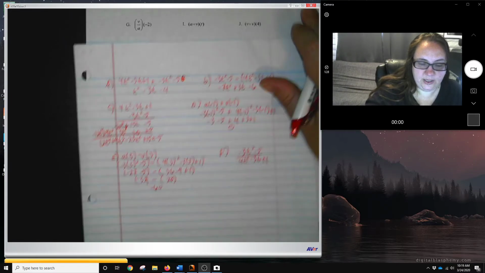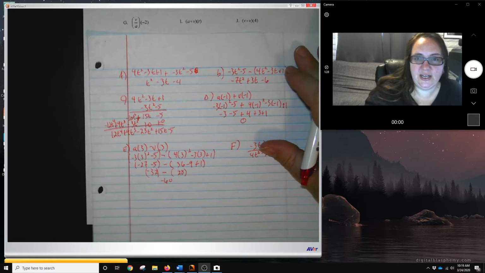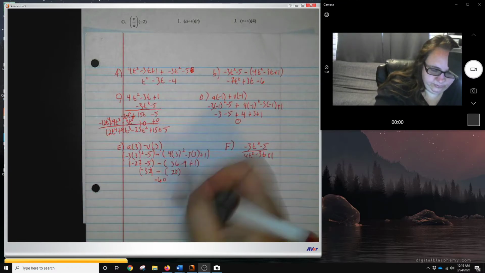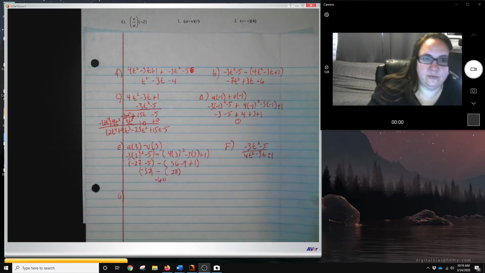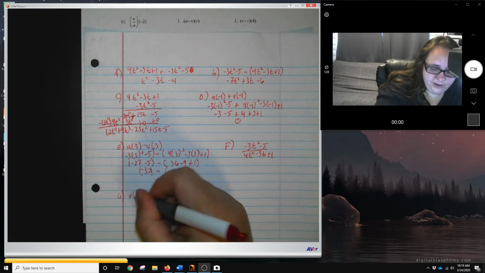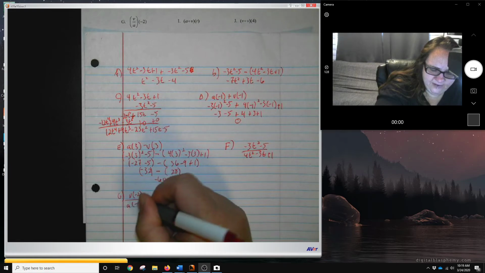Okay. Letter G. V of negative 2 over a of negative 2.